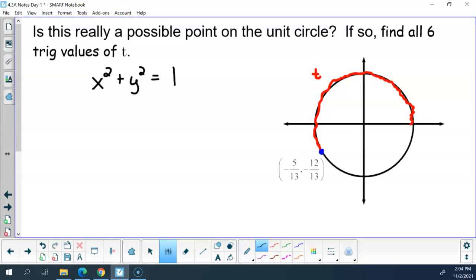So we take the x value, negative 5/13, square it. Take the y value, negative 12/13, square it. Add it together. Hopefully it equals 1. And we don't even need a calculator for it.